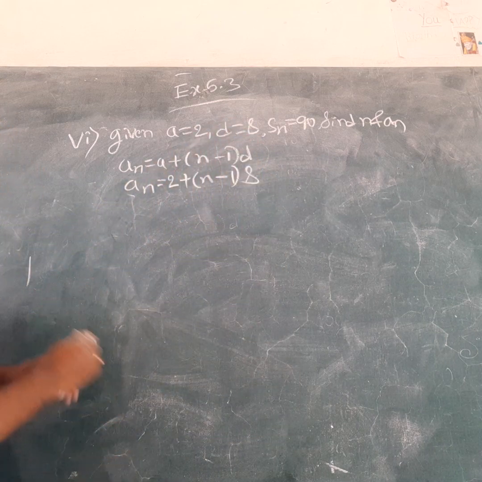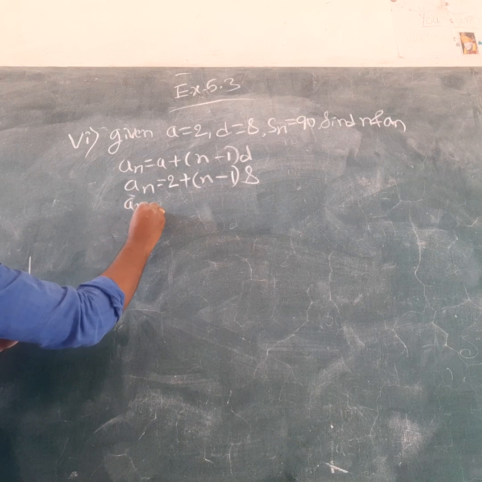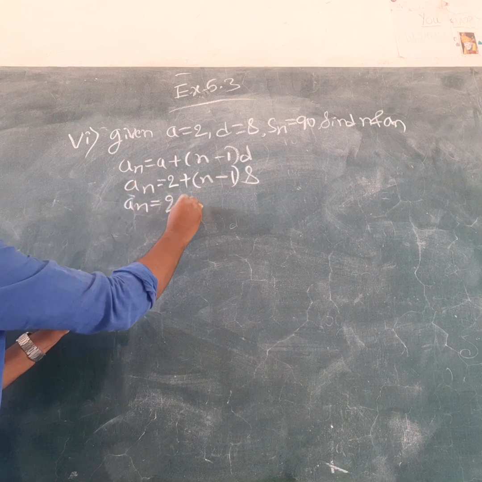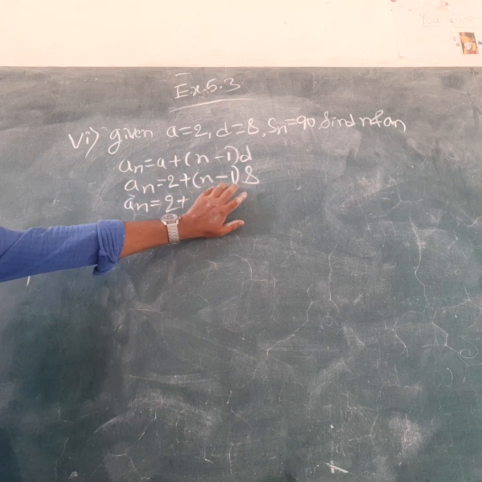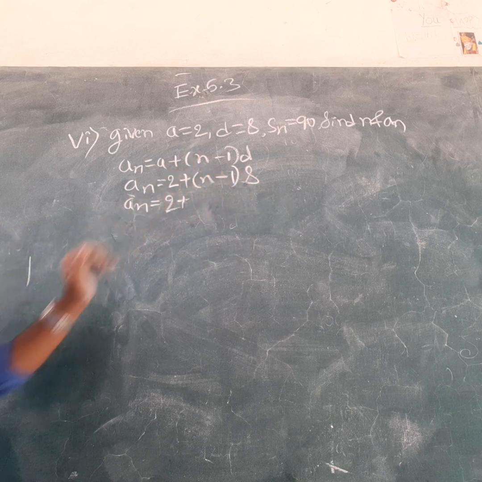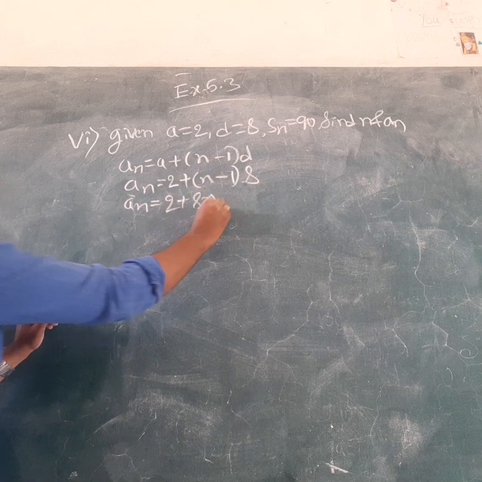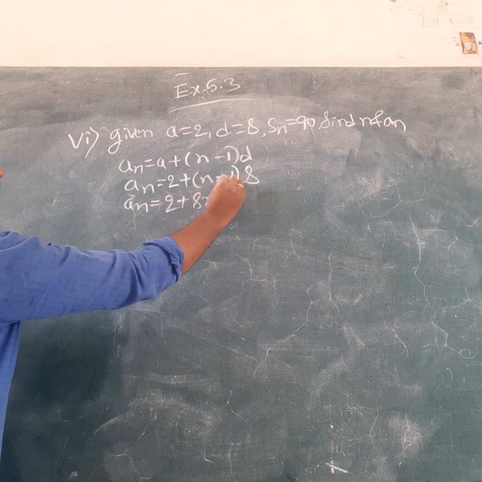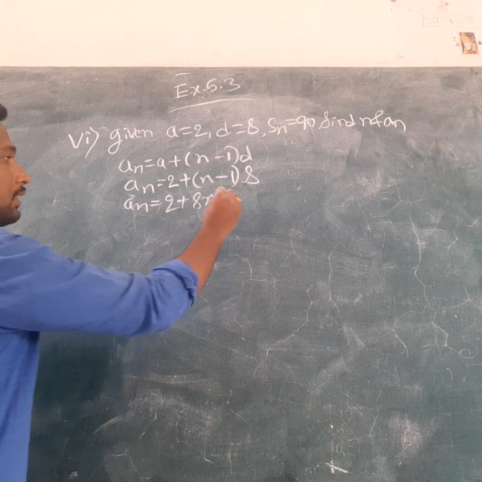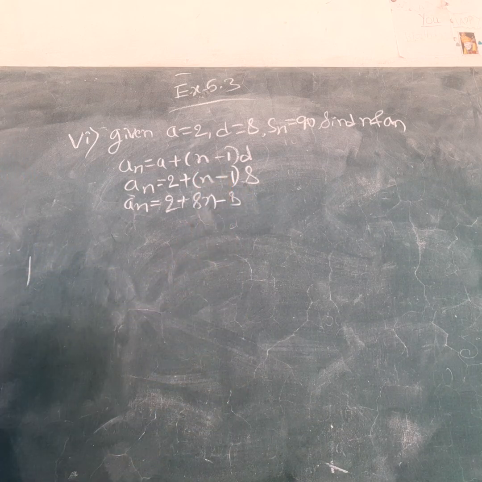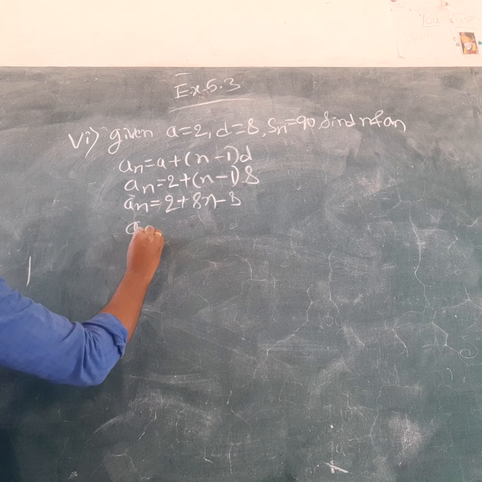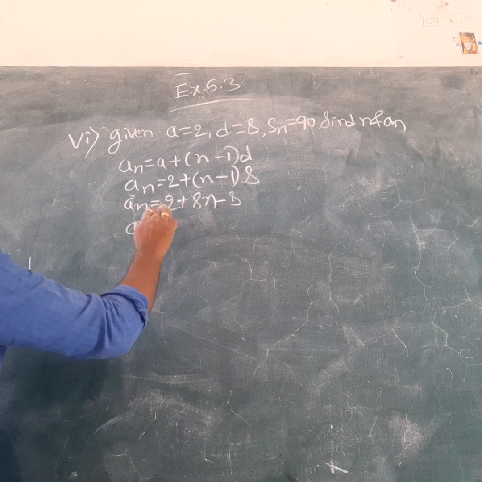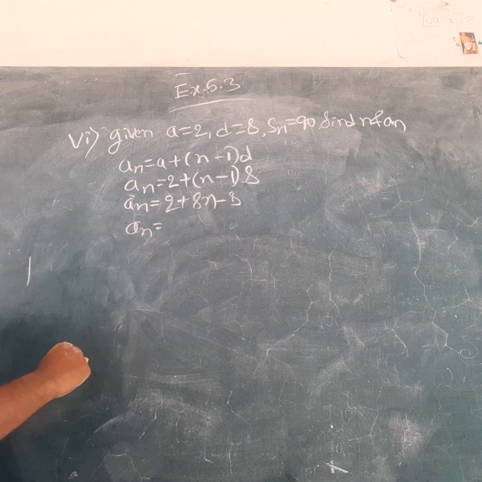8. Next step, An is equal to 2 plus n minus 1 into 8 means n into 8 means 8n, minus 1 into 8 means minus 8. Okay. Now An is equal to 8n, 2 minus 8.